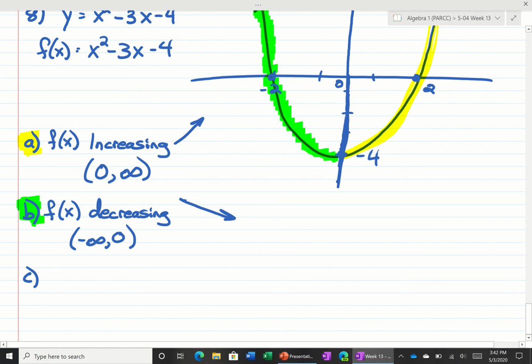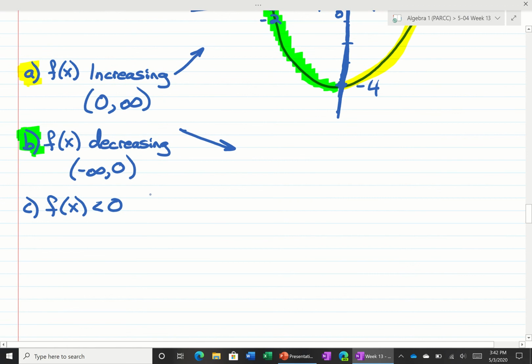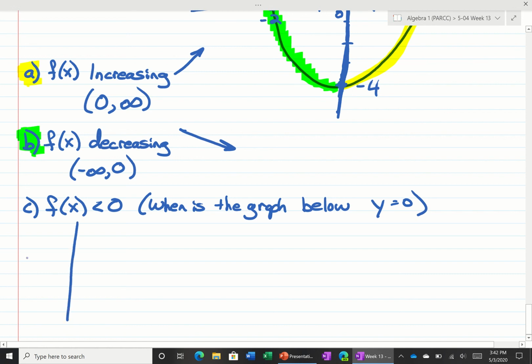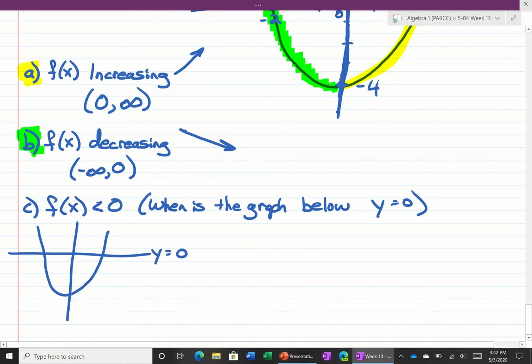Part C, it's asking you, when is f of x less than 0? What that means is, when is the graph below y equals 0? Well, when we have our graph, this is the line y equals 0.